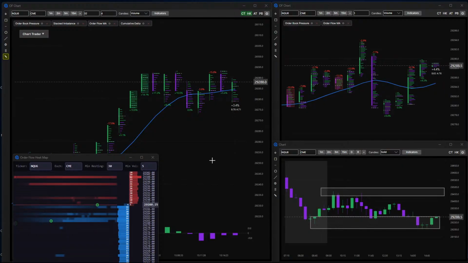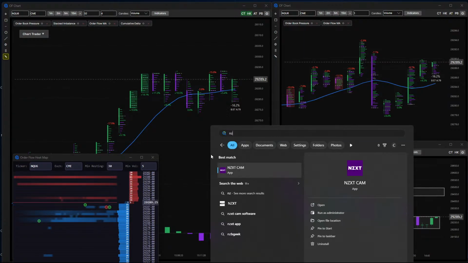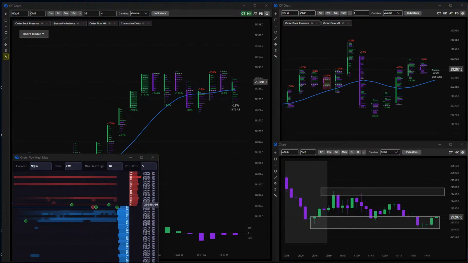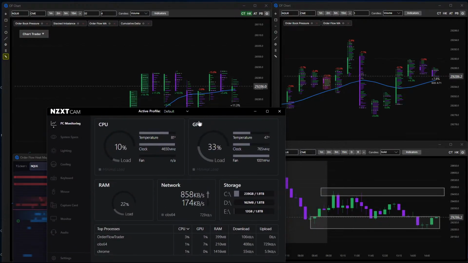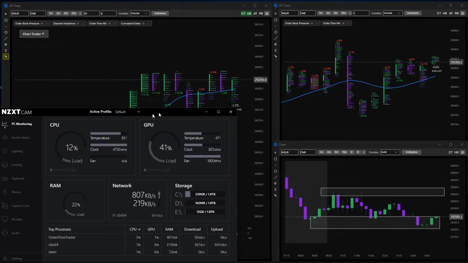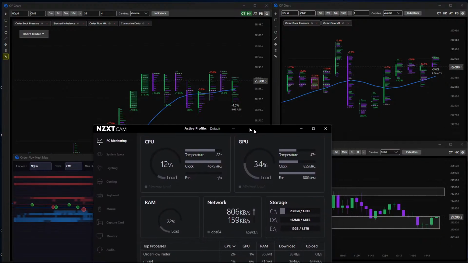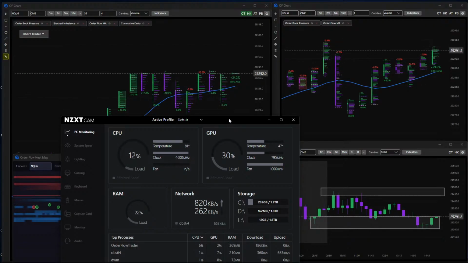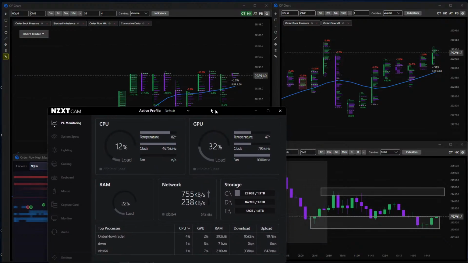So I got to be careful about how much I throw in memory. How much am I using for PC monitoring? Yeah, I'm using like 22% of my RAM. So the system runs good. I got a liquid cooled system. It's not NZXT, it's an Alienware.